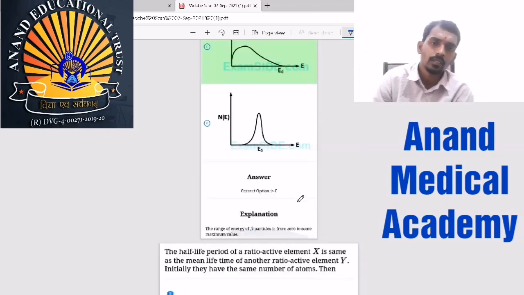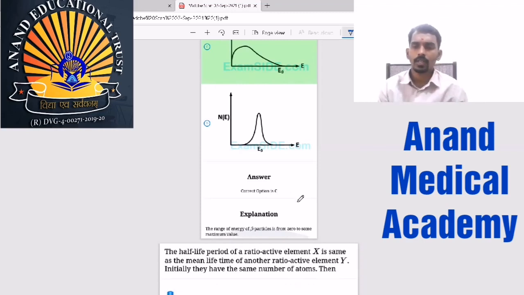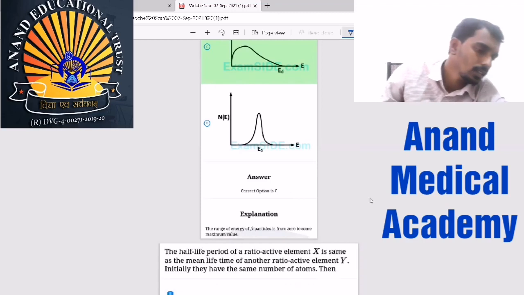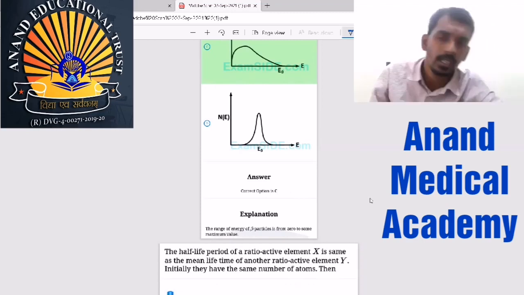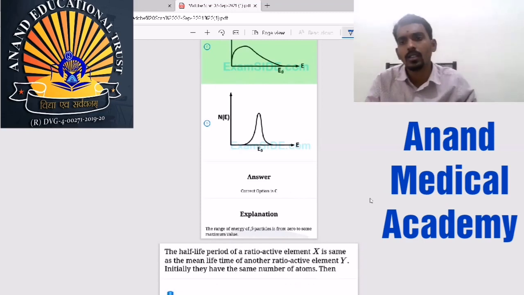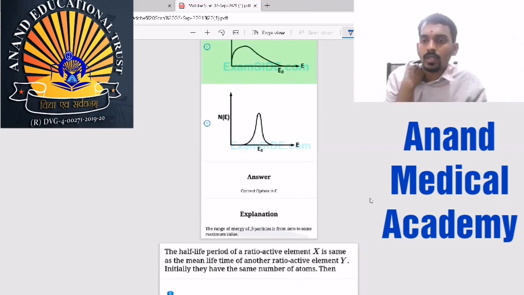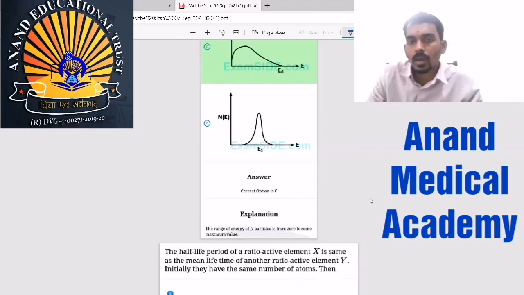But see, these kind of graphs, usually what happens is we will not study much because there are many graphs given in textbooks. For example, I'll tell you how the resistivity of copper wire changes.